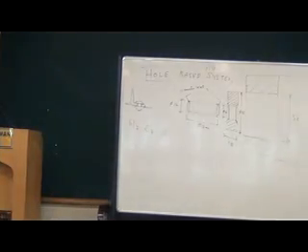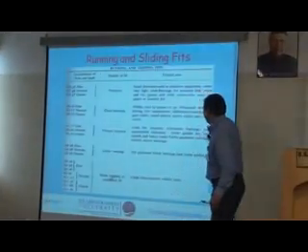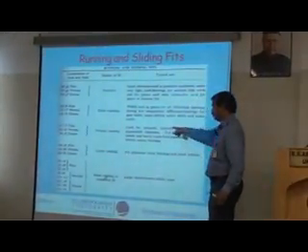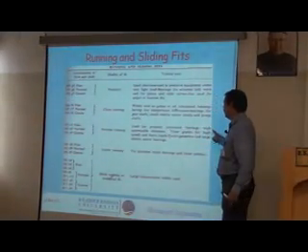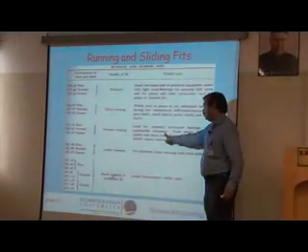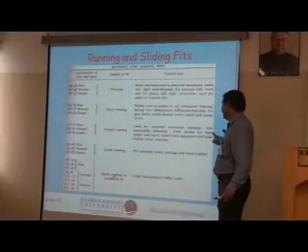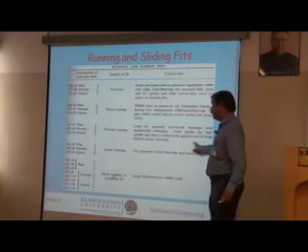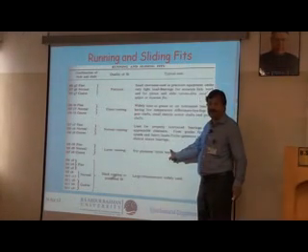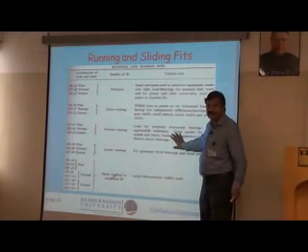How do I select it? I want a normal running fit. In what situations is it used? It is described here. Used for properly lubricated bearings with appreciable clearance. Finer grades for high speeds and heavy loads. Turbo generator. Large electric motor bearings. So these are the applications.